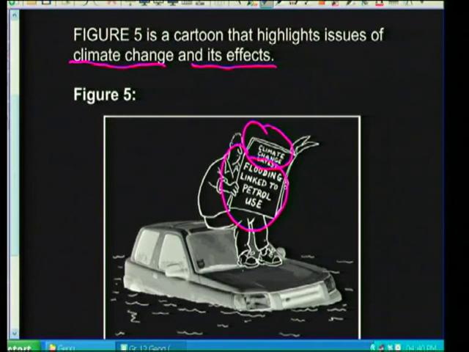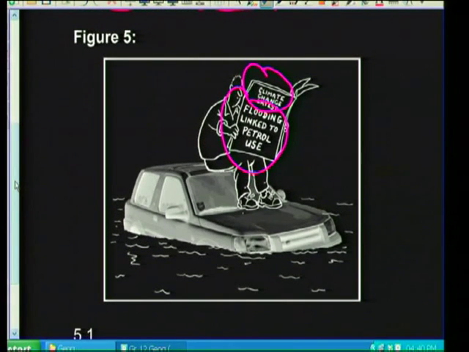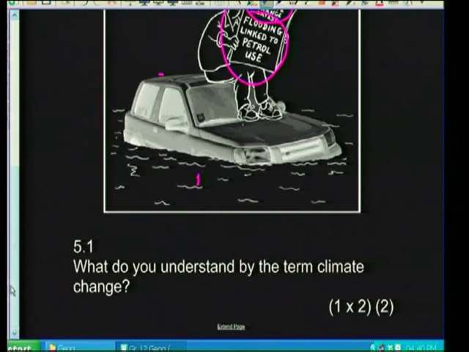So already guiding you to what questions are going to be asked. Not so much information, so a lot of it had to be interpreted by you and what's based on your studies. You can see this car being flooded here and lying in this huge pool of water. Driver is sitting on top, he can't go anywhere. All right, let's look at the questions.